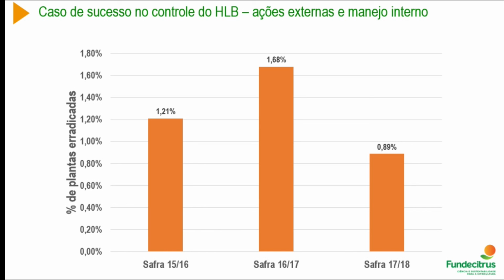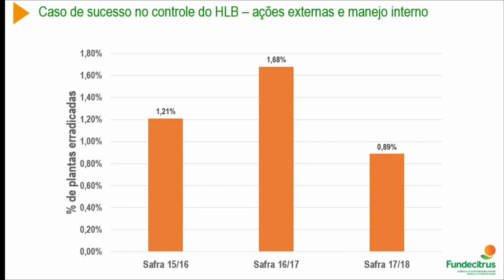Now, here we have a success case of a farm in the central region, close to Araraquara. It was in a growing trend of the percentage of eradicated plants because of HLB: 1.2% in crop 15/16, and 1.68% in 16/17. In 2016 they decided to first work in a 3-kilometer radius and now a 5-kilometer radius, taking extreme measures to really clean it out and replace all the plants around the farm, and the result was very interesting.